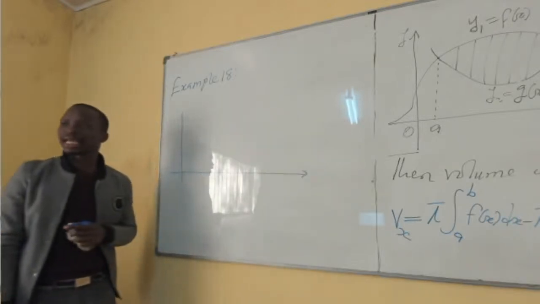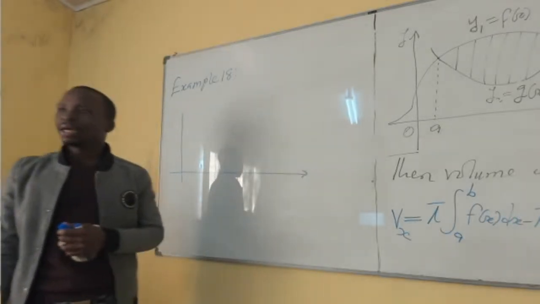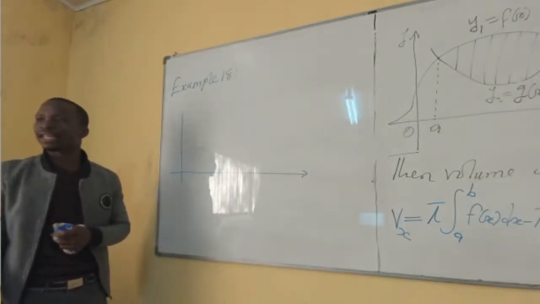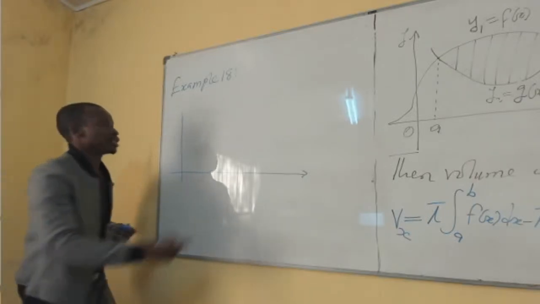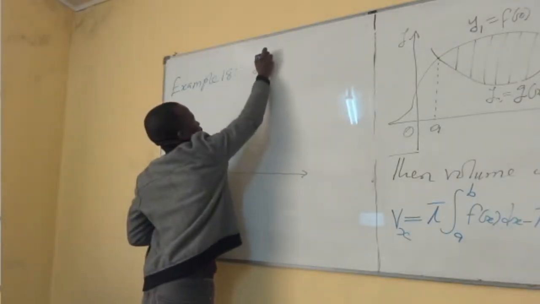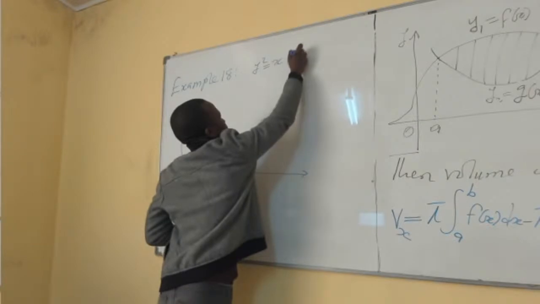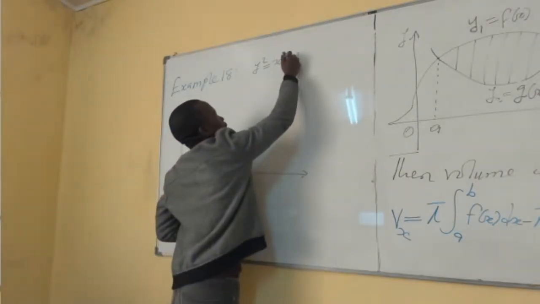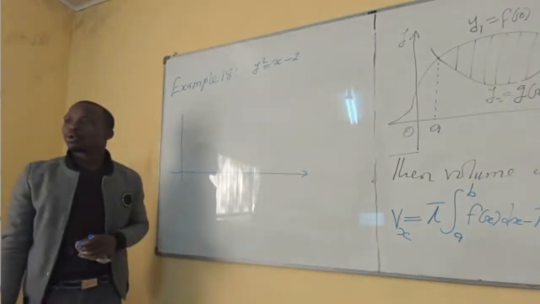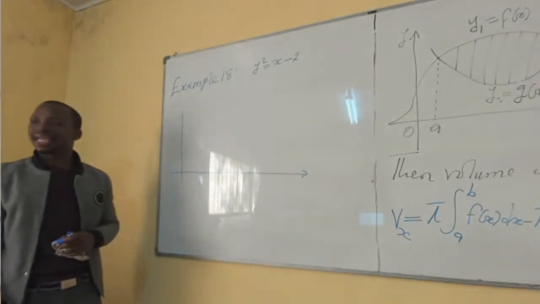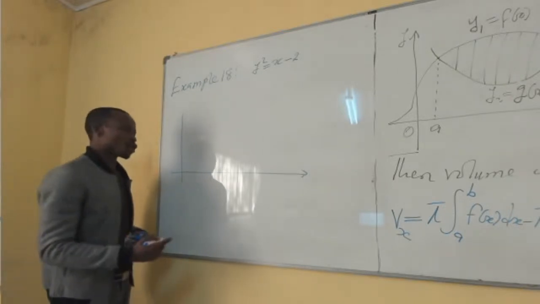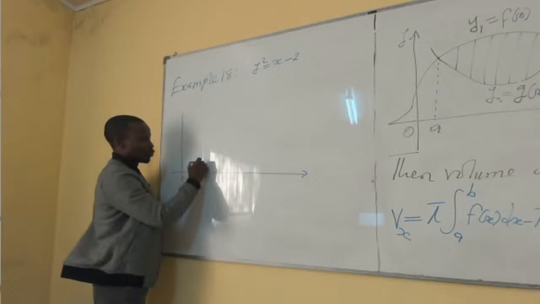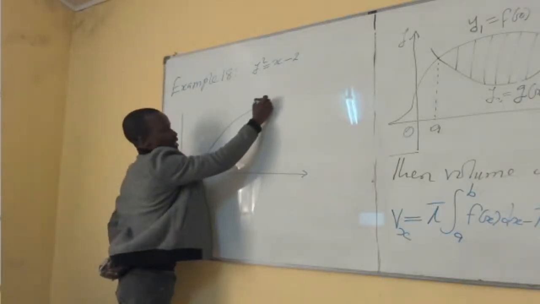So the figure below shows the part AB of the curve y squared equals x minus 2, where B is a point. So maybe let me sketch it. We have this curve which starts like that and goes like that.